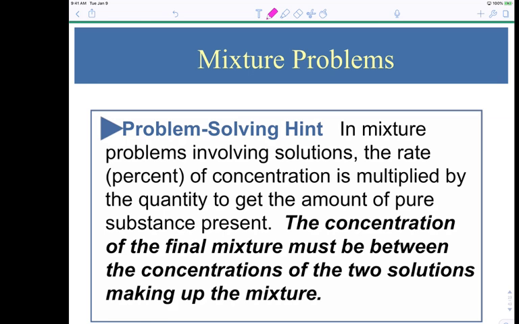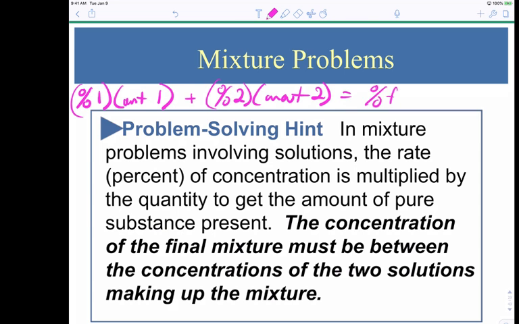Percent of substance 1 times the amount of substance 1 plus percent of substance 2 times the amount of substance 2 equals the final percent times the final amount. So when I do mixture problems, I usually have that set up.